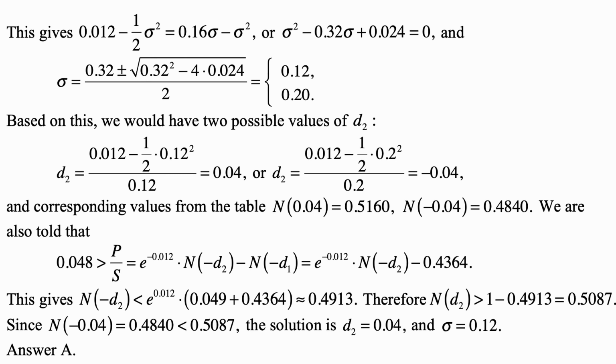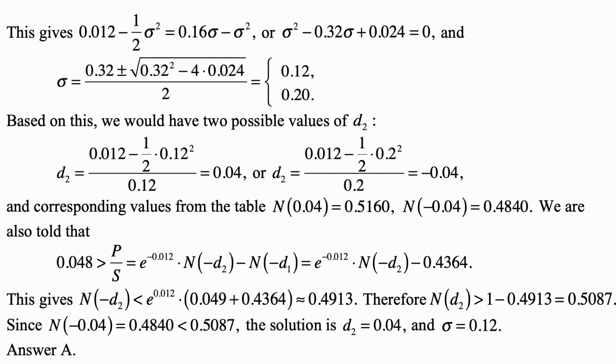We are also told that 0.049 is greater than P over S, and that's equal to e to the minus 0.012 times N of minus d2 minus N of minus d1 from the formula for the value of the put. So this is the ratio of the put value to the stock price, and we know that it's less than 0.049.